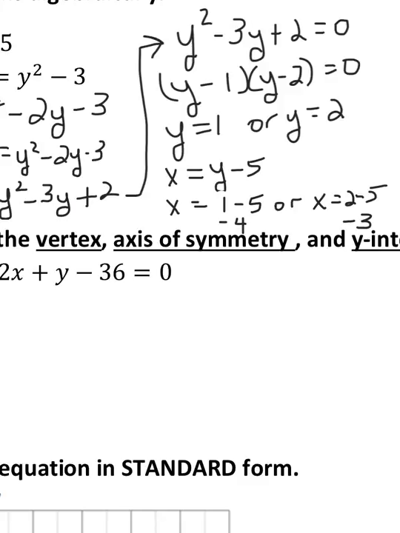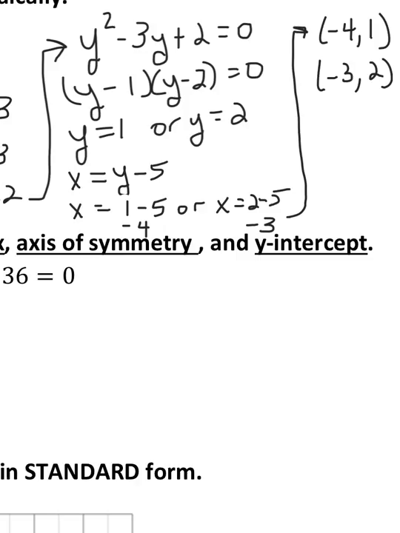Once I plug y back in, I get that x equals -4 or x equals -3. So when y is 1, x is -4. When y is 2, x is -3.